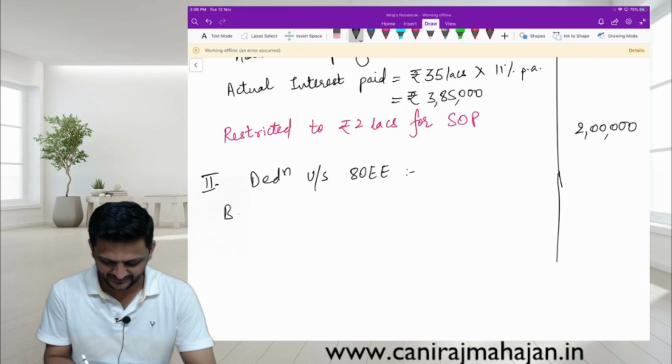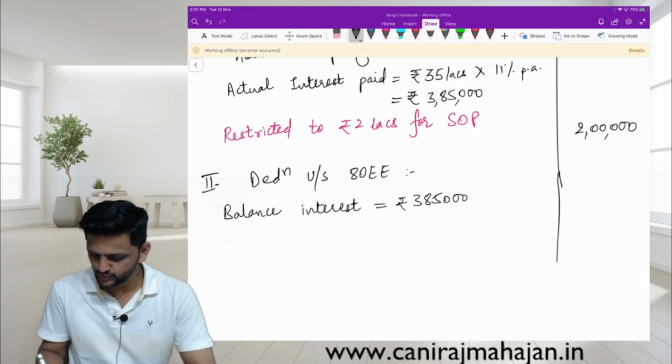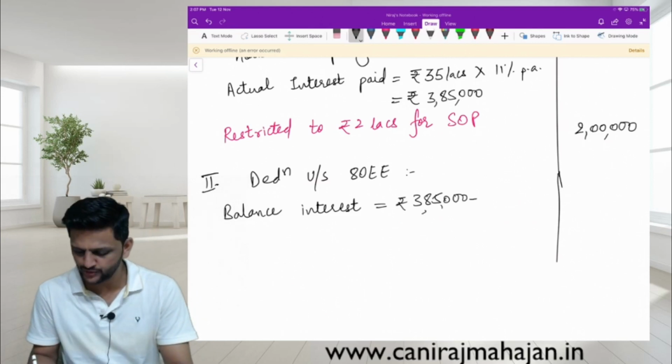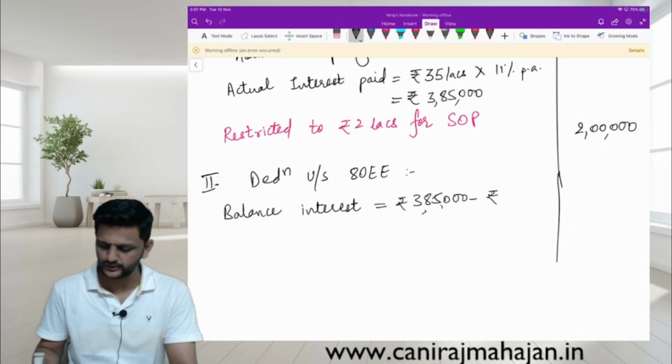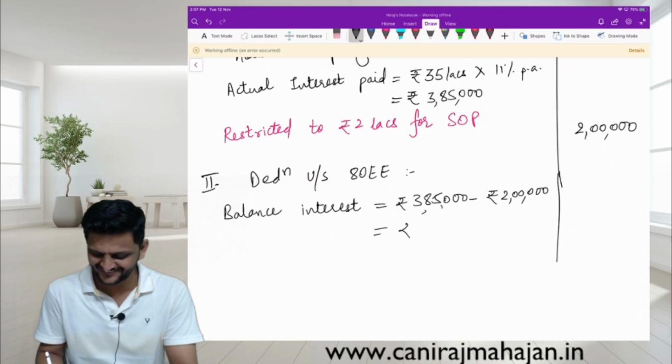Pay attention now. Balance interest is how much now? So 3,85,000 minus how much you've already claimed? 2 lakhs. Yes. So 1,85,000.